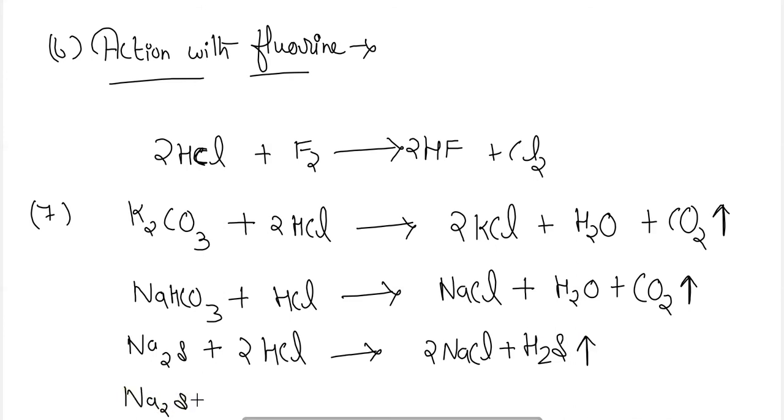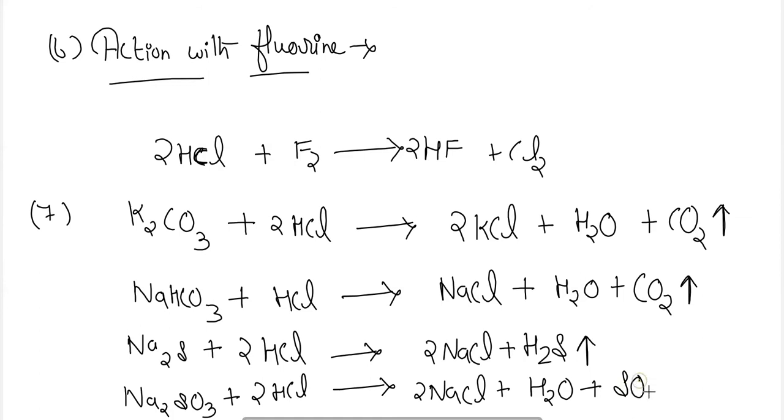Okay, sodium sulfite plus 2HCl will give sodium chloride plus H2O plus SO2 gas released. Okay, so these are some of the reactions of HCl with the salts of weak acids.